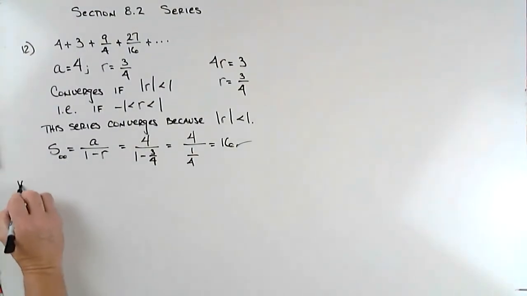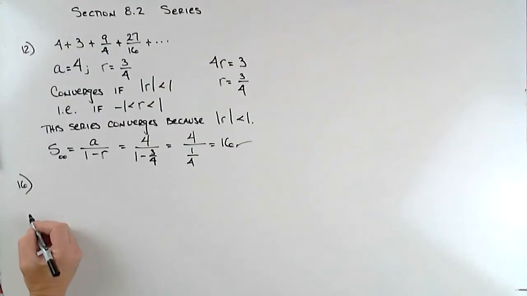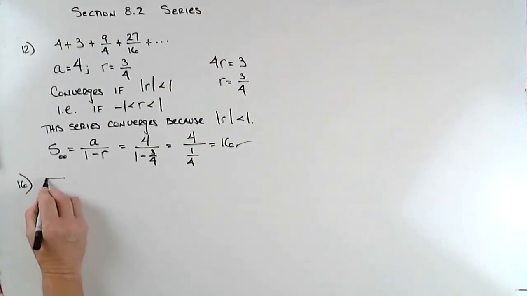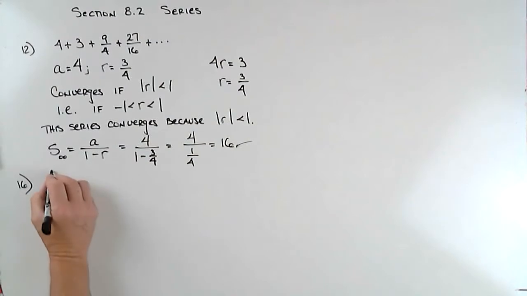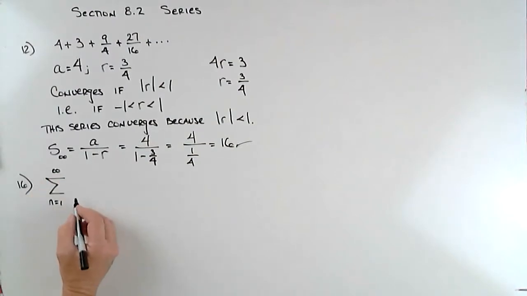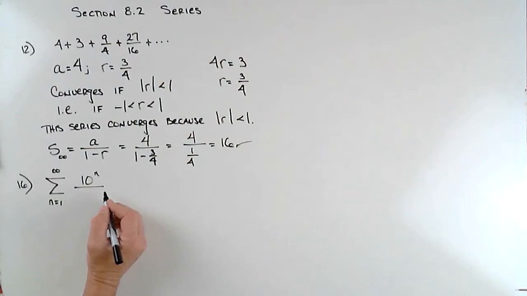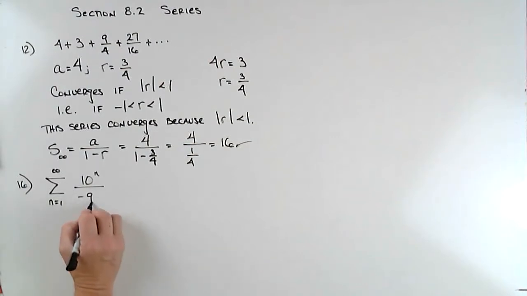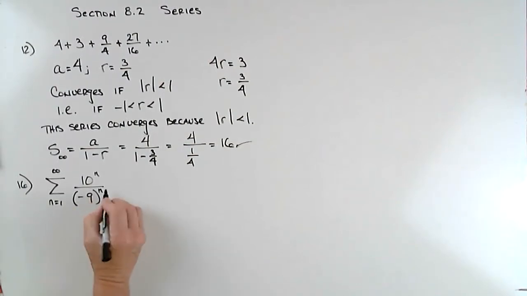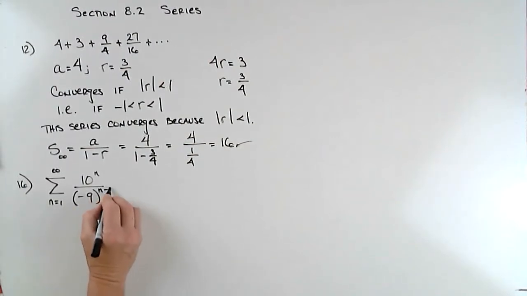Problem 16, again, remember, we're given that this is geometric. They've written this as a series, n equals 1 to infinity, and we have 10 to the n divided by -9 to the n minus 1.